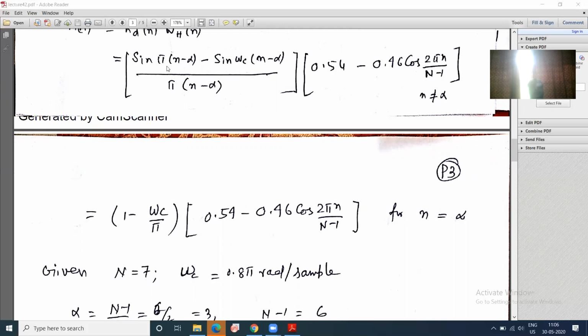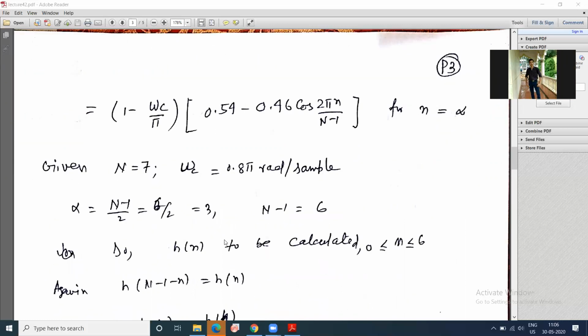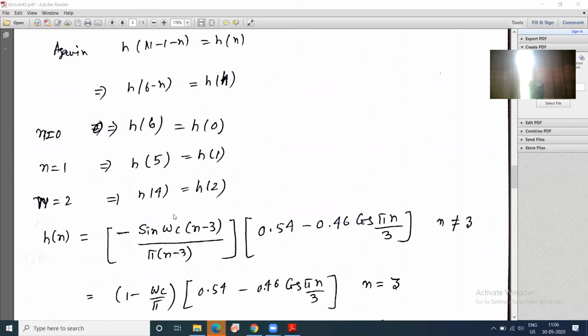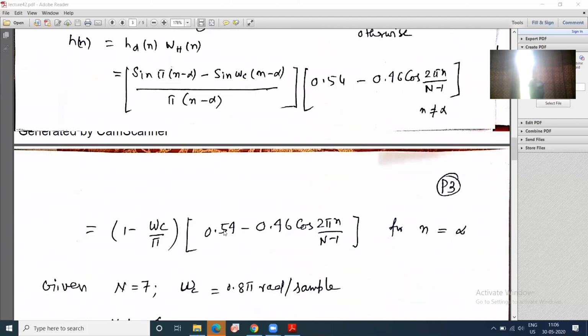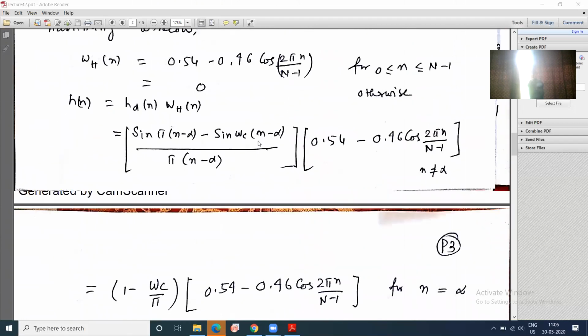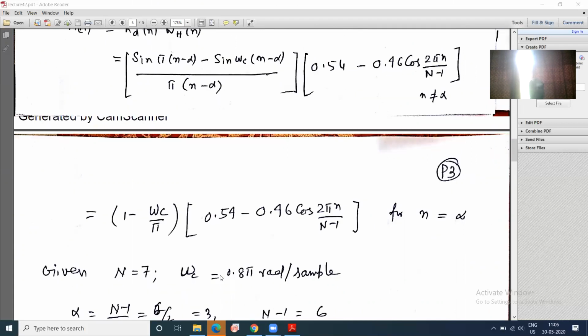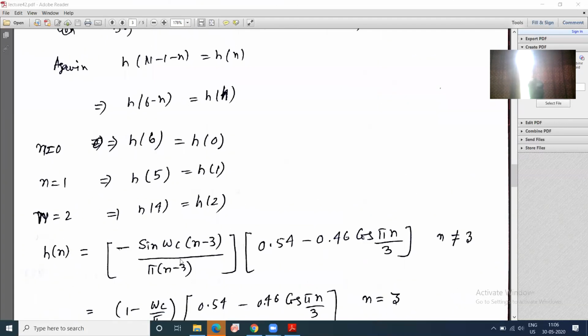Agreed? Yes. So if this is equal to 0, then the expression becomes h of n equal to sine of omega c times n minus alpha, with alpha equal to 3. So this becomes omega c times n minus 3, over pi times n minus 3, because alpha equal to 3.